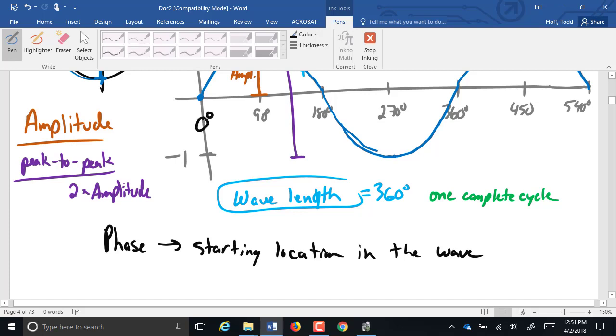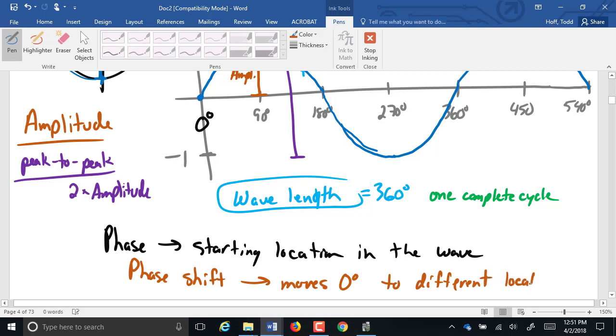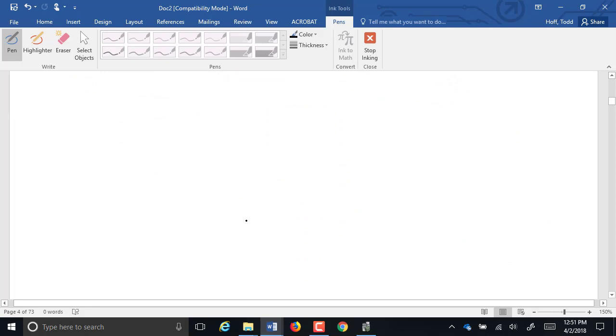Many of our other waves have a phase shift. And a phase shift moves 0 degrees to another location. And we'll look at that as we go. So let's look at some different things that can be done with our sine wave.